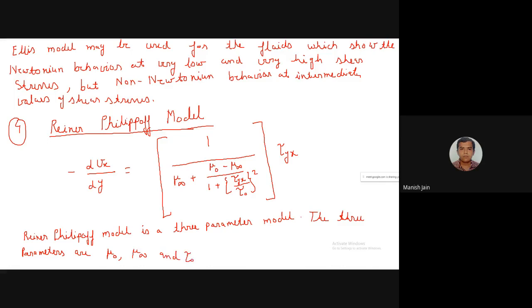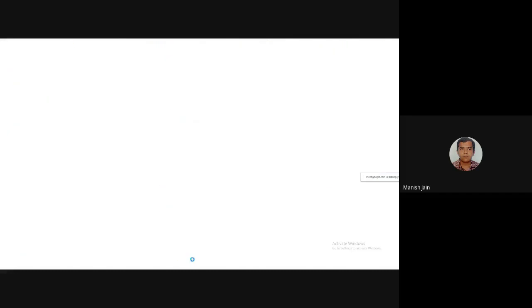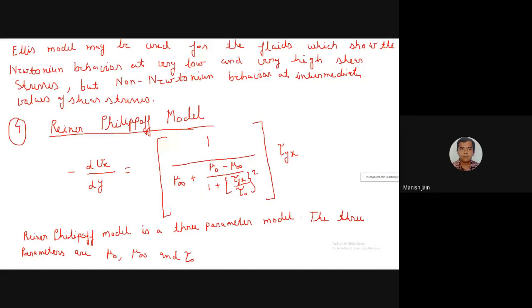Okay, so these are the 3 parameters. Now in this case also we have the limiting cases. The first case is when tau yx is very large.